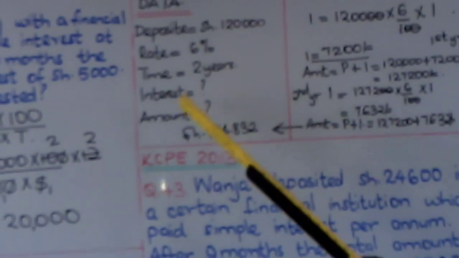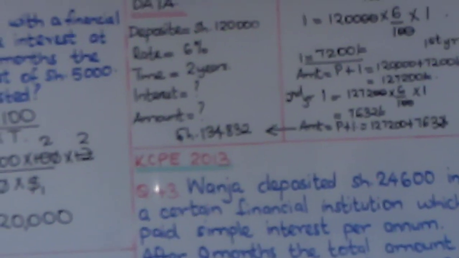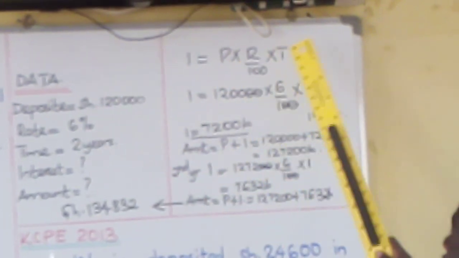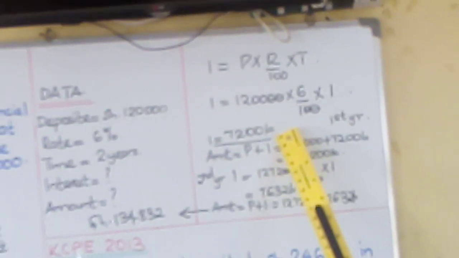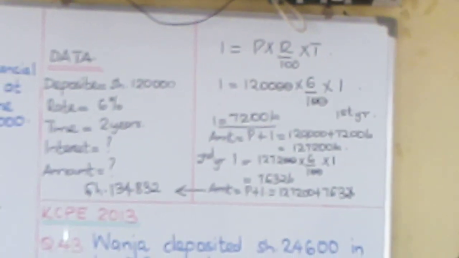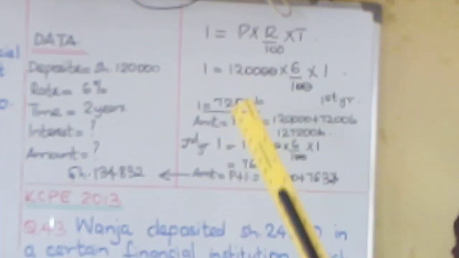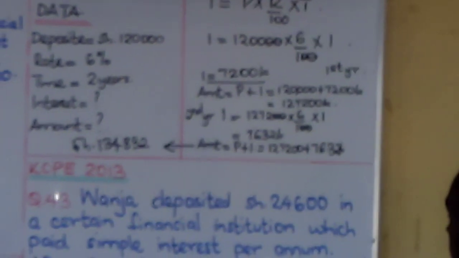Our first step is to find the interest. We used the formula of simple interest, and the first year's interest is that. 6 times 12 is 72, so that's 7,200 shillings.